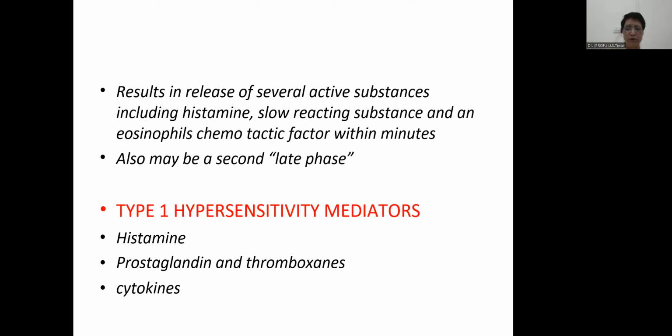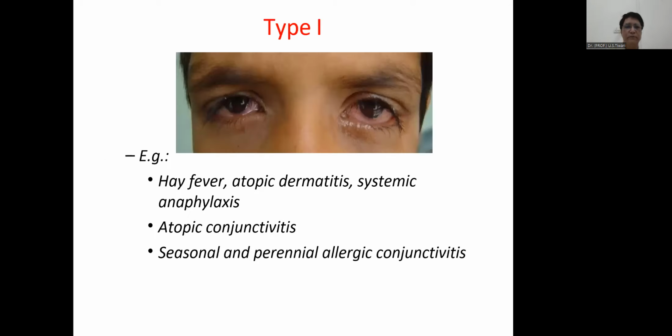Some examples of type 1 hypersensitivity include hay fever, atopic dermatitis, systemic anaphylaxis, atopic conjunctivitis, and seasonal and perennial allergic conjunctivitis. All these are because of the allergic response to relatively harmless antigens.